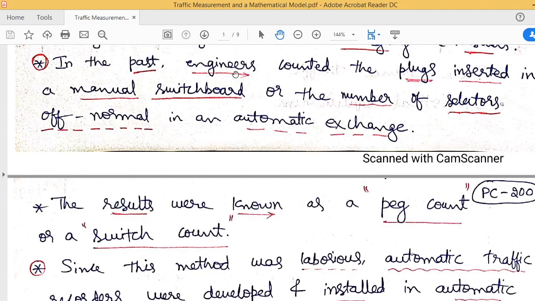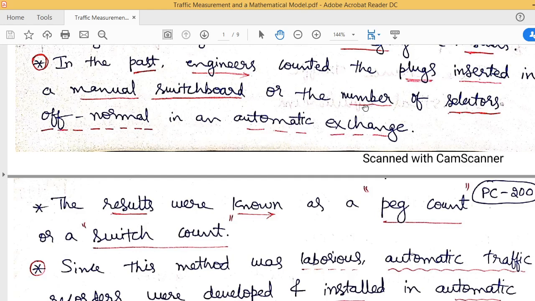In the early days, engineers used to count the plugs that are inserted in a manual switchboard in a manual exchange. Depending upon the number of plugs inserted in a switchboard, they would find the number of calls that are in progress.